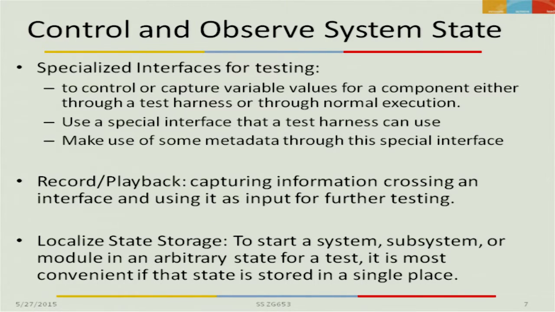So how can one do that? One technique is to create some kind of intermediate state which can be stored in a local state storage, so that the system or the subsystem under test can be started from that point onwards.